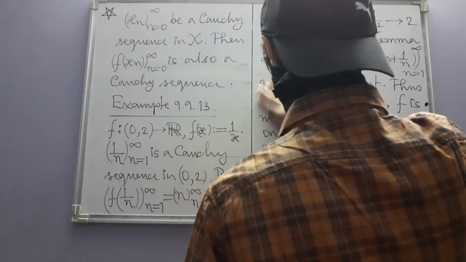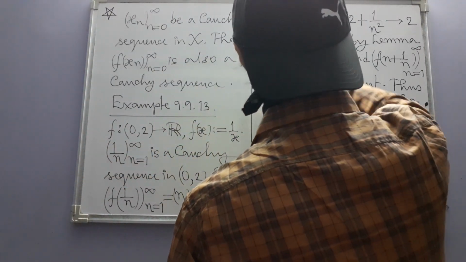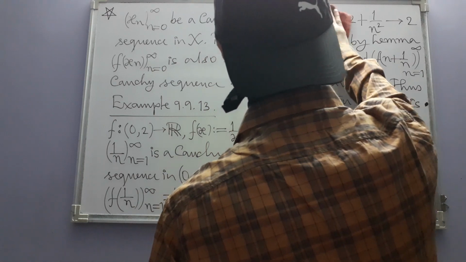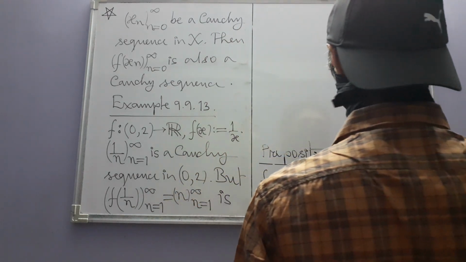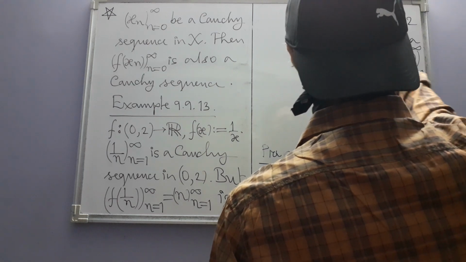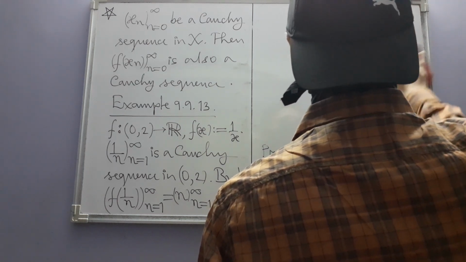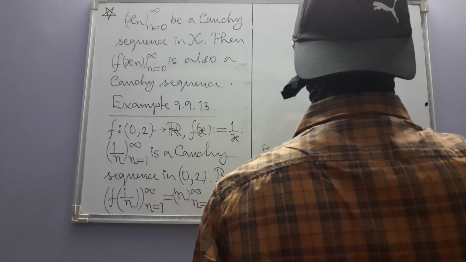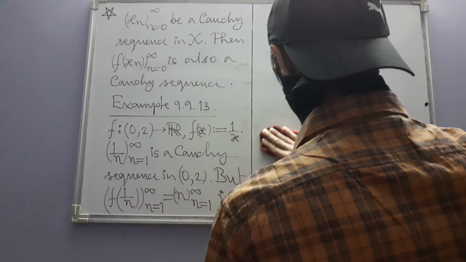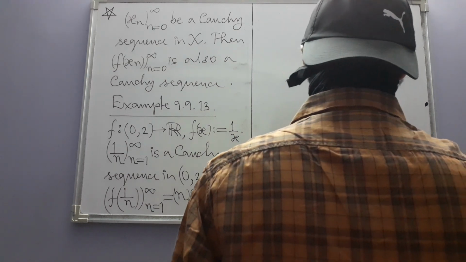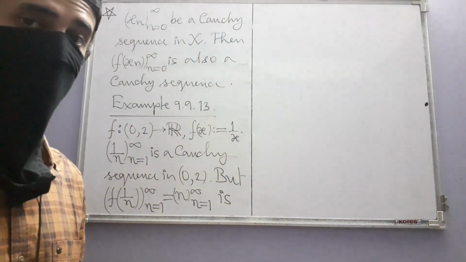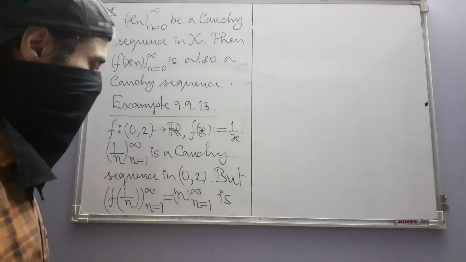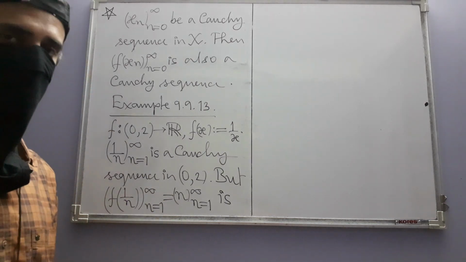Well, the reason is that the difference between any two terms of this sequence is at least 1. You cannot make that difference less than 1. So if you cannot make the difference less than 1, how can you make the difference less than epsilon for any given epsilon? And that's why this is not a Cauchy sequence.